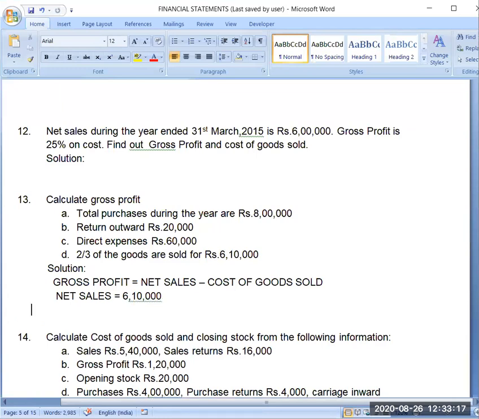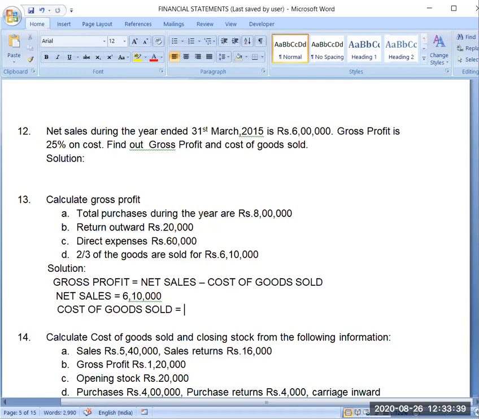Yes, now next. Now I need cost of goods sold. For that, there is a formula.